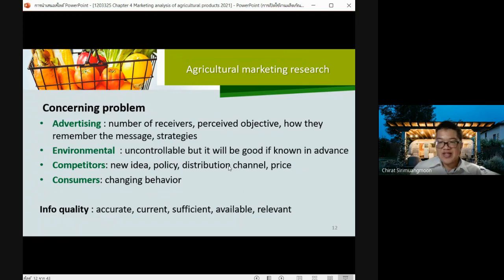Not just the 5 things that we just finished, there are also 4 other points that you need to think about, which is advertising. This is interesting because advertising, especially for agricultural products, might not be quite effective, because the person who receives the message might not be the same person who watches the advertisement. What does this mean?